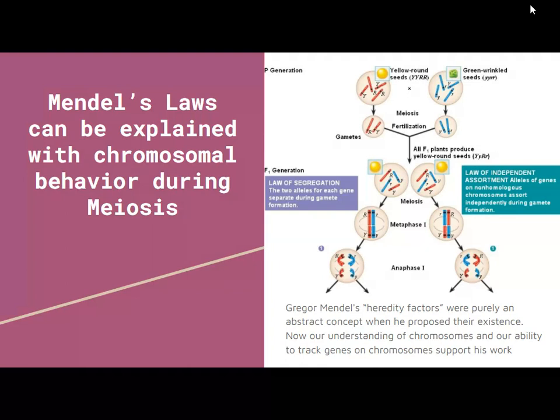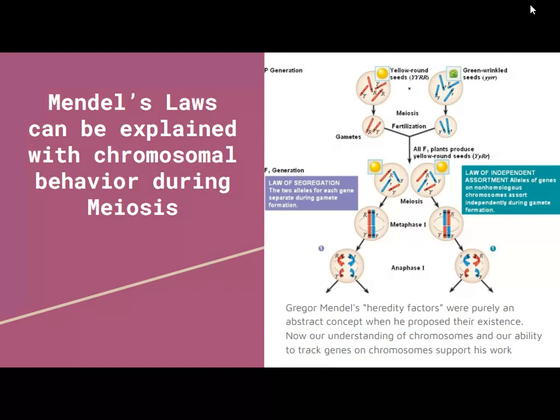But our understanding of chromosomes, our ability to track certain genes on chromosomes, to look under a microscope and see a cell in meiosis and count where those chromosomes are, is completely supportive of what Mendel thought was going to happen, which goes farther to prove that Mendel's studies were way ahead of his time.